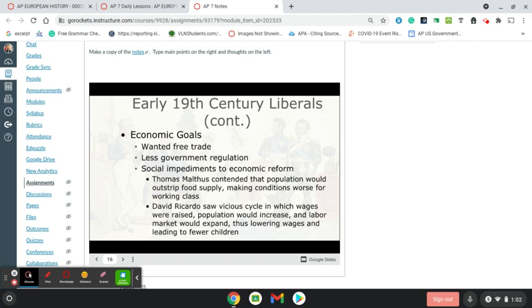Thomas Malthus, for instance, and Malthus is spelled M-A-L-T-H-U-S. Malthus thought that because people, especially through churches, were encouraged to have more children, that would increase the population and deplete the food supply, driving up prices. So he thought that was unnatural.